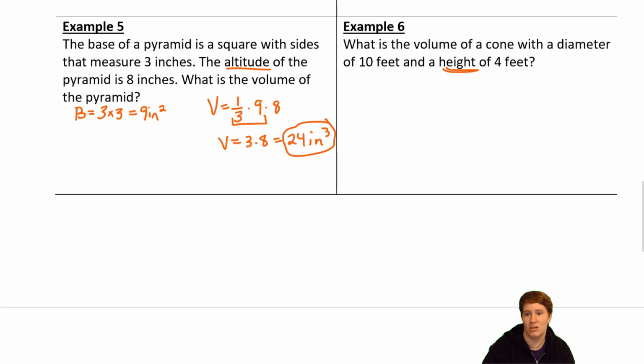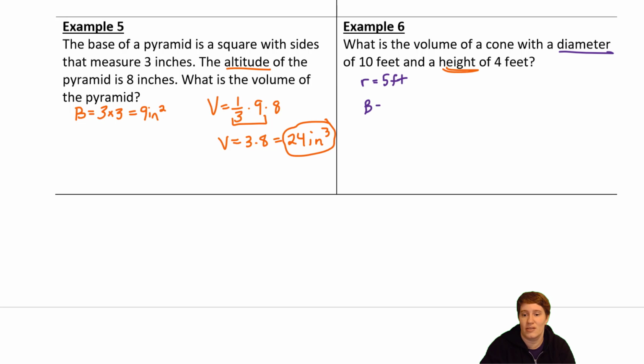How about this example 6? What's the volume of a cone with a diameter of 10 feet and a height of 4 feet? Now, I tried to trick you. Did it work? We got the diameter, but our formula needs the radius. So we have to halve our diameter to get that our radius is 5 feet.